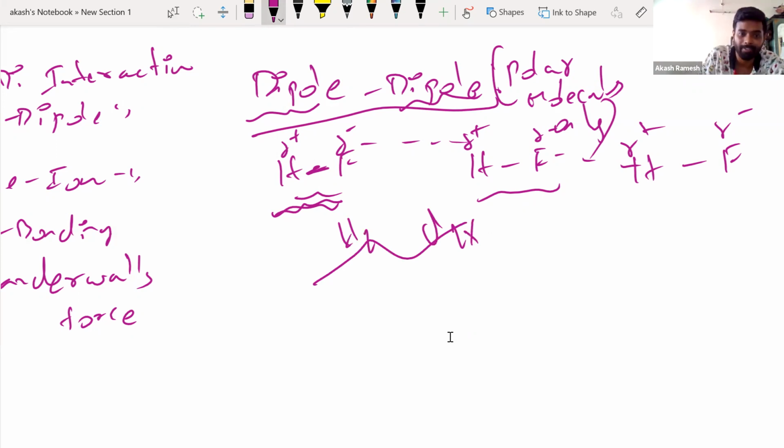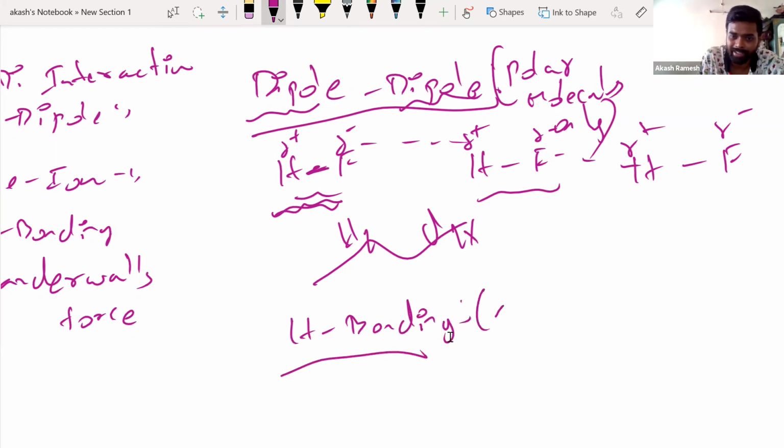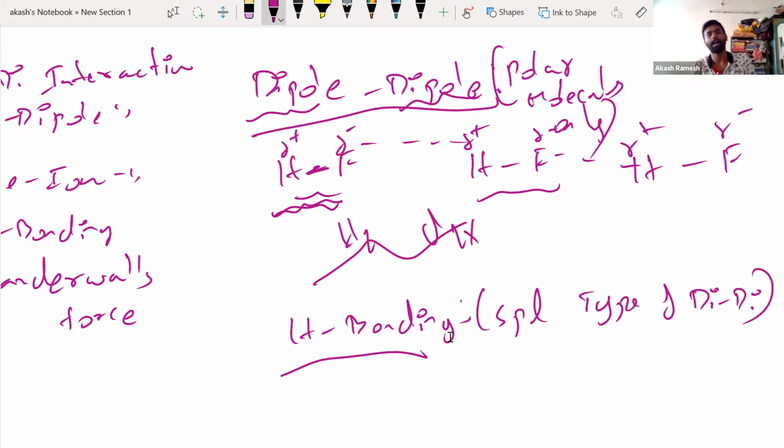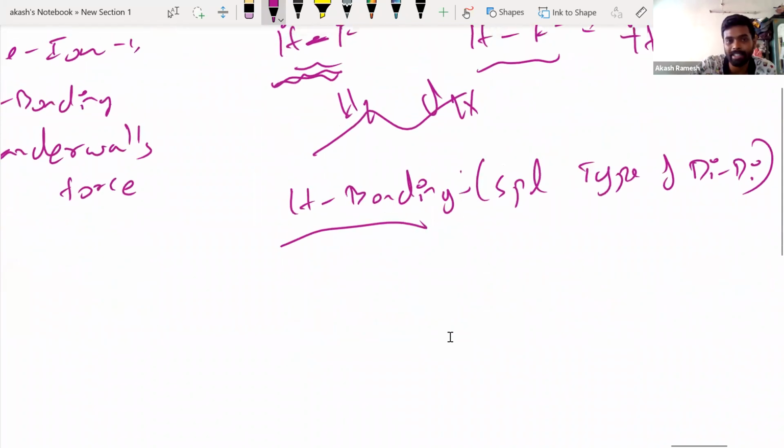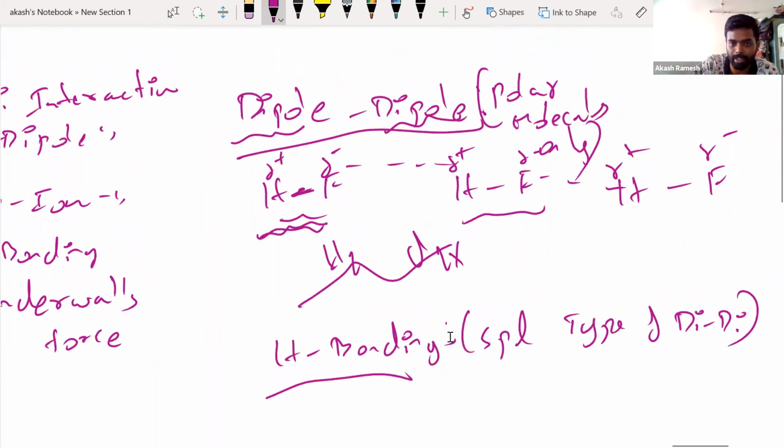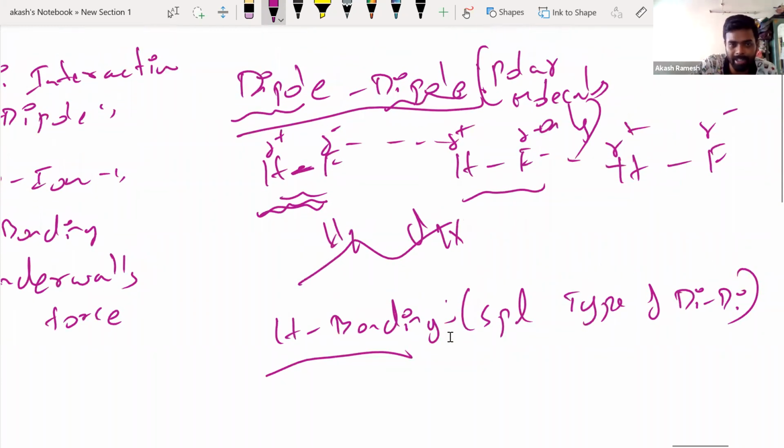Now we will go directly to hydrogen bonding. Hydrogen bonding is a special type of dipole interaction. Whatever we wrote here is an example for hydrogen bonding only, but we'll speak in detail.